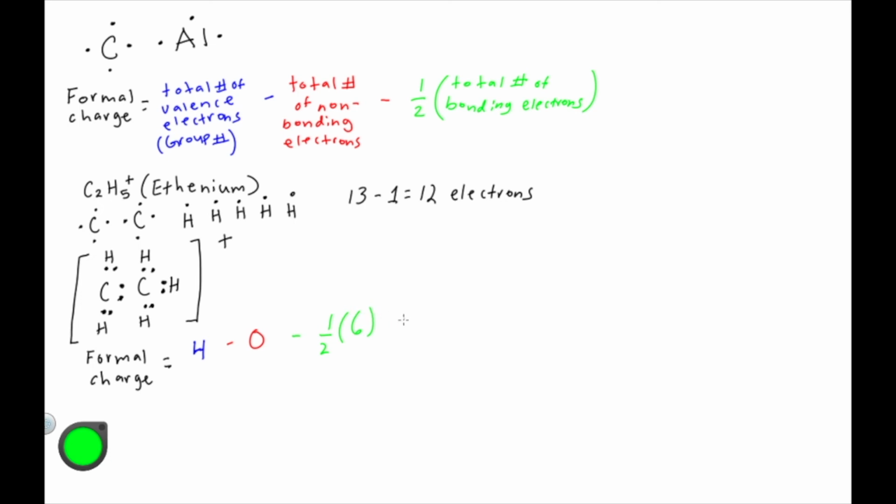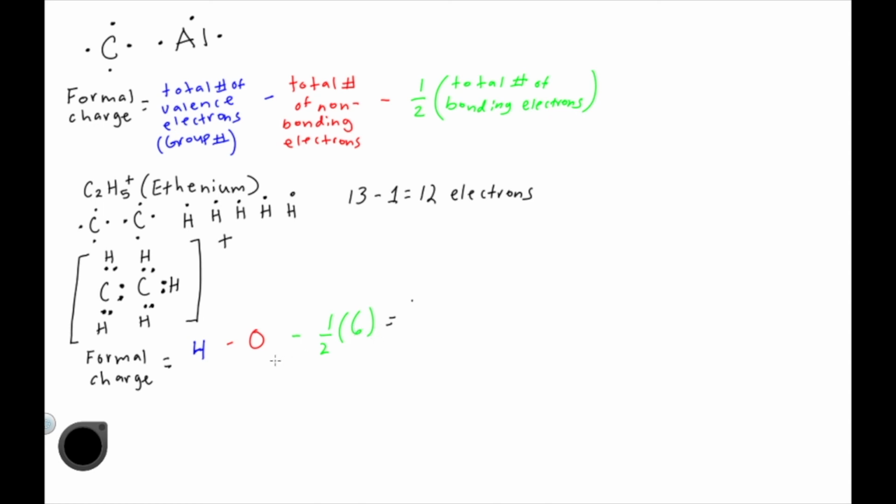So now, if we do the math here, the total formal charge is going to be 4 minus 0 minus 1/2 of 6, which is 3.